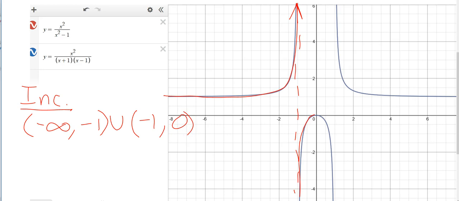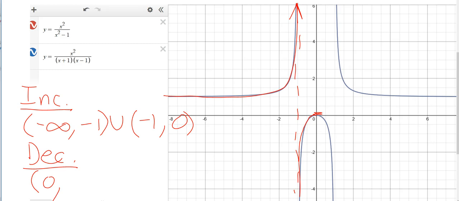So what happens at the very top of that little hill? Very top, right at the top. That's constant, right? So that doesn't fit in increasing or decreasing. So I cannot put a bracket on this 0. And when I switch to decreasing over here, I'm not going to put a bracket on that 0 either. 0 to what?